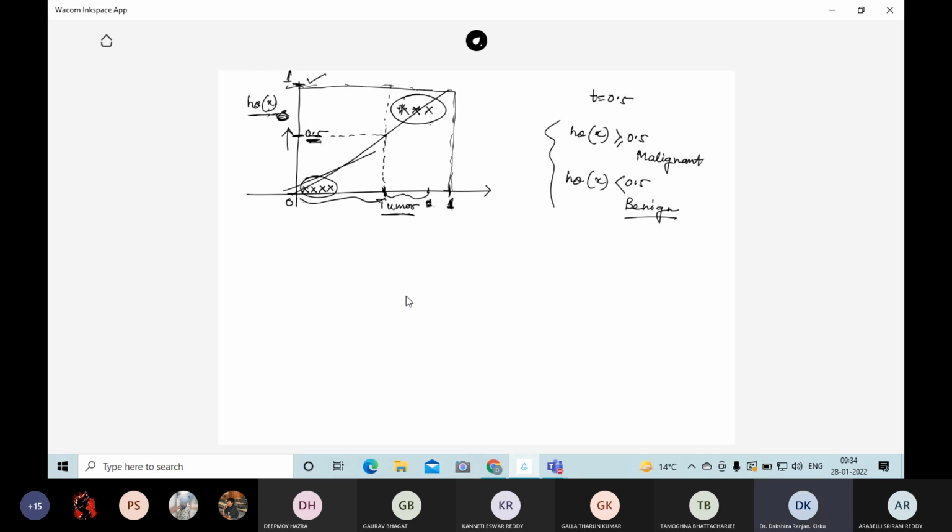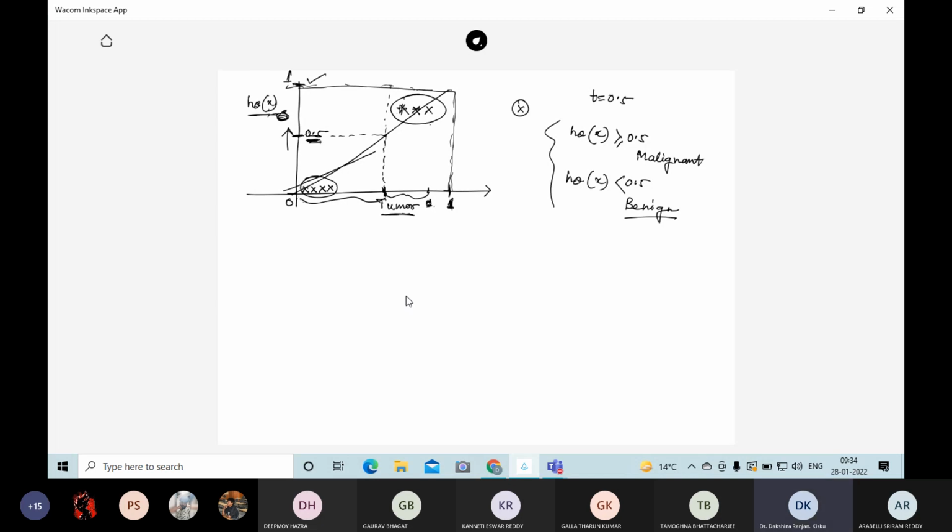Now, this is what we are talking about, linear regression. In linear regression, we have this best fitting line, the regression line, and that will decide whether a tumor is found to be malignant or benign. Now suppose there are other training examples plotted over here.